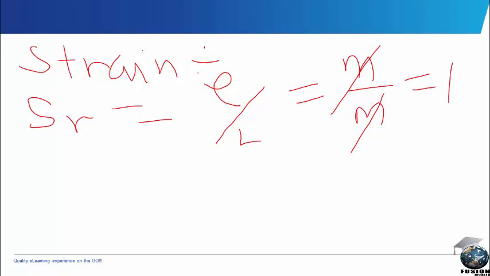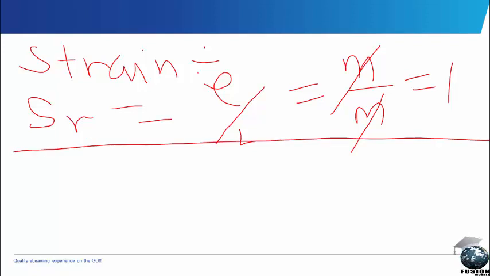So from here, we can discuss work done in an elastic material. Work done in an elastic material is mathematically given as the average force, F average, times the extension created.